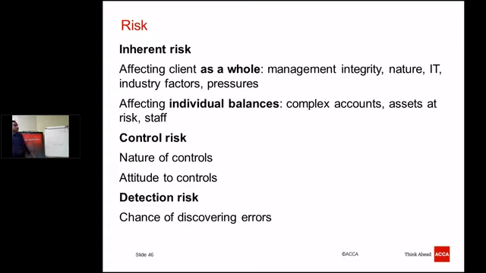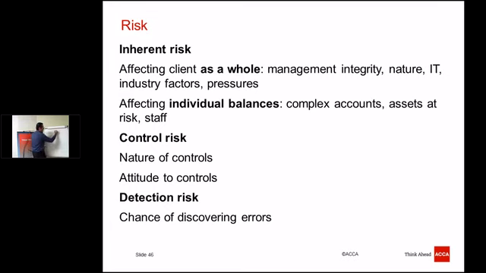Now I'll talk about the next component of the risk statement, which is the control risk. Control risk could be high or low depending on how well the controls are operating in the organization. There could be many different types of categorizations of control. One is that you try to understand the nature of the control.